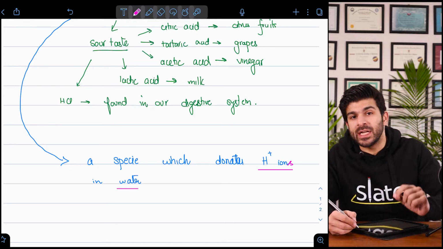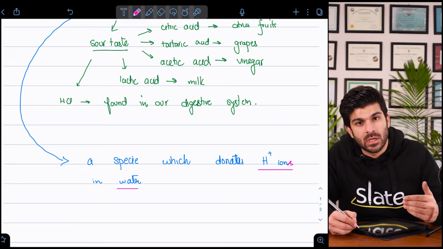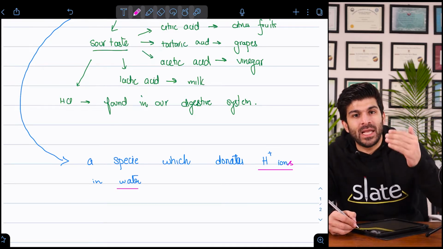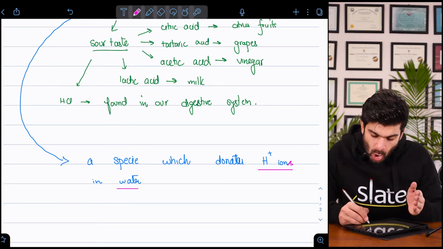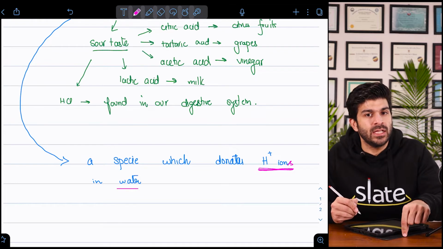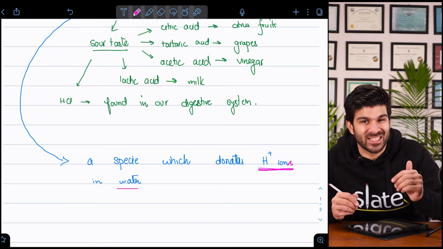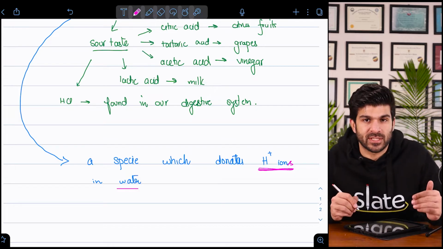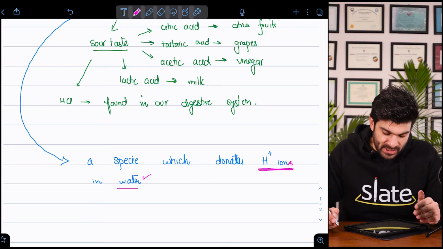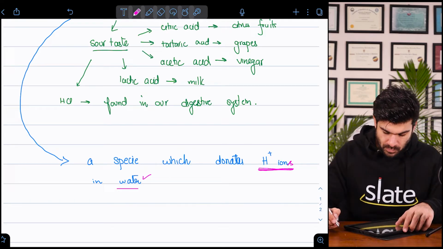An acid is not an acid without water, without it being dissolved in water. It will not be giving the hydrogen ions. So if it's not giving hydrogen ions, it's not playing its part of being an acid. The properties of an acid are dependent on it being in aqueous medium. So an acid donates hydrogen ions in water.